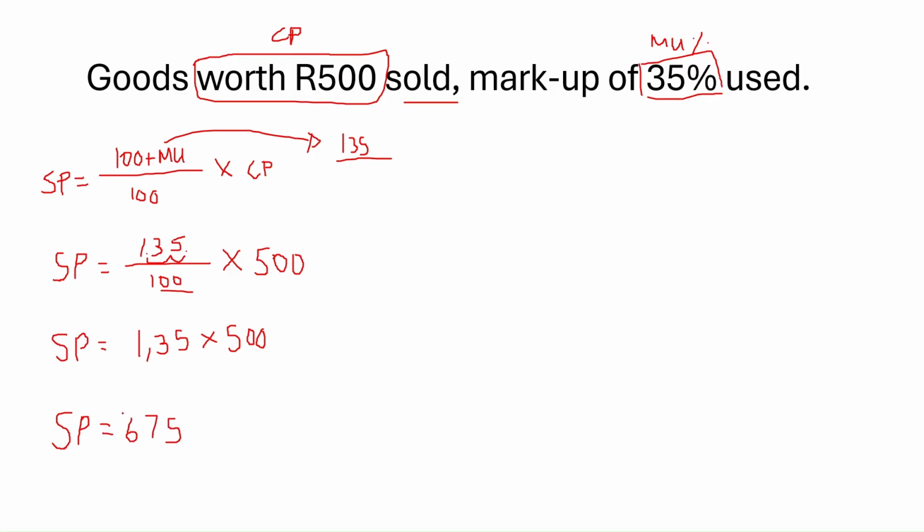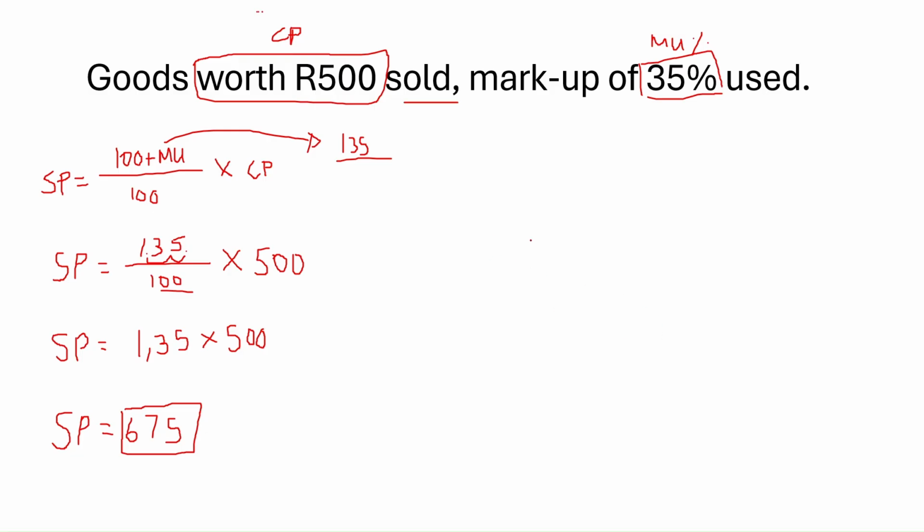Therefore, we sold the goods that were worth 500 Rand at a selling price of 675 Rand. So our goods that we bought were 500 Rand. We added the markup of 35% and we basically sold it at 675 Rand.